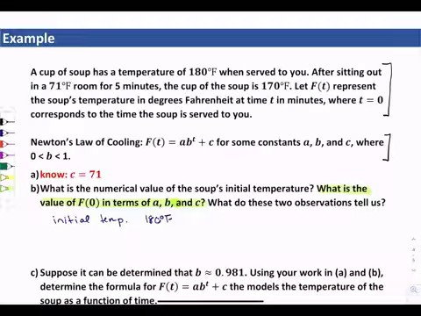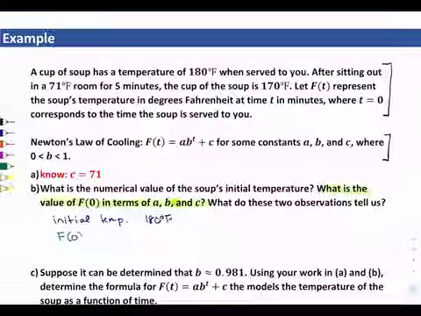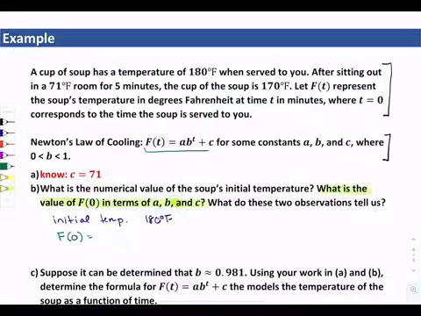And then next we're asked, what is the value of f of 0 in terms of a, b, and c? So if we were to take f of 0, here's f of t, so we'd have ab to the 0 plus c. We know b to the 0 is 1, so we would get a plus c. And we also know that when we find f of 0, that's just another way of saying what is the initial value, or what is the initial temperature.